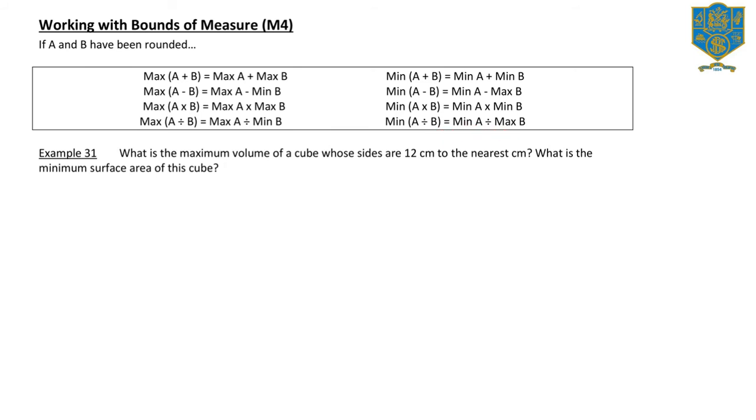So what's the maximum volume of a cube whose sides are 12 centimetres to the nearest centimetre? So what we can do is, 12 centimetres to the nearest centimetre. A centimetre is the rounding interval. So if you divide that by 2, we get 0.5 centimetres. So our lower bound and our upper bound are going to be 11.5 and 12.5.